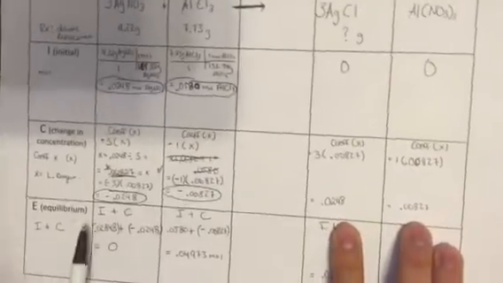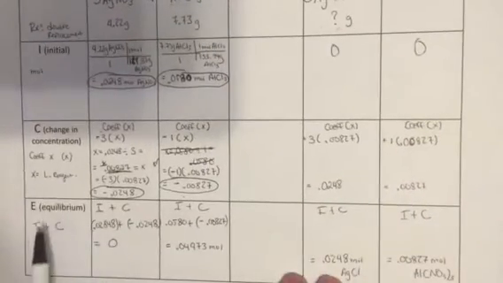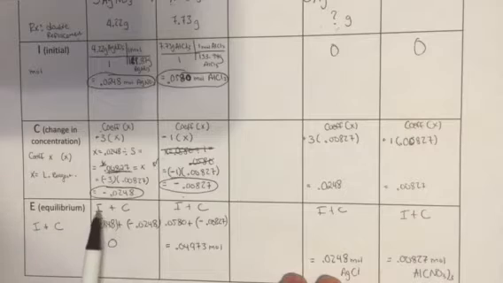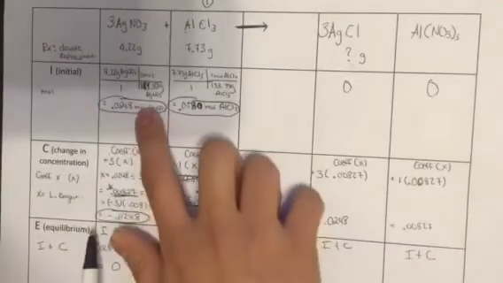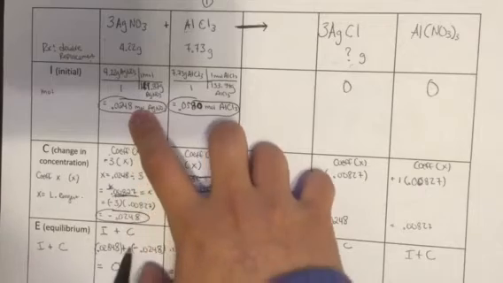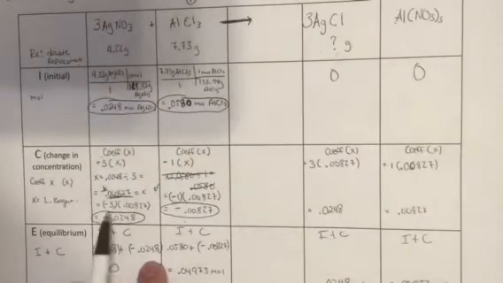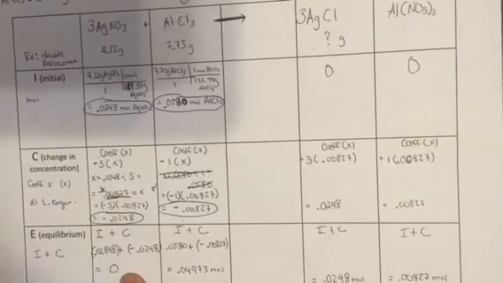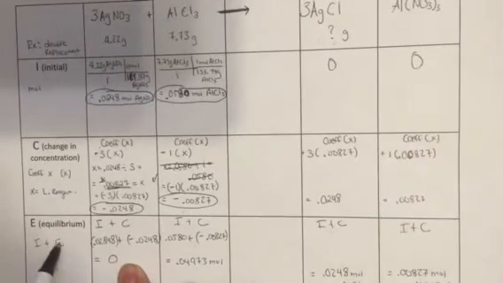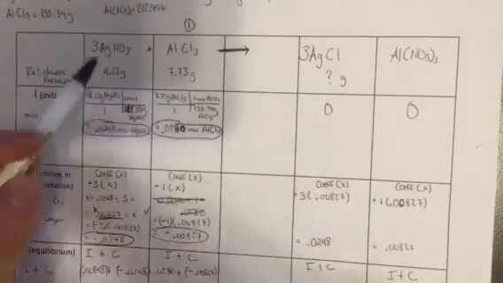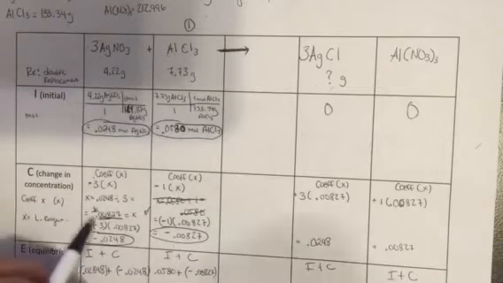Now, E is the last row. It stands for equilibrium, and I find that by doing I plus C. So in my I column, I had that. So add that to C, which is what I found here. Then I get 0. Now here's what it's saying. After the reaction is complete, after the reaction had gone all the way, if this is my limiting reagent, which is what we found, right?